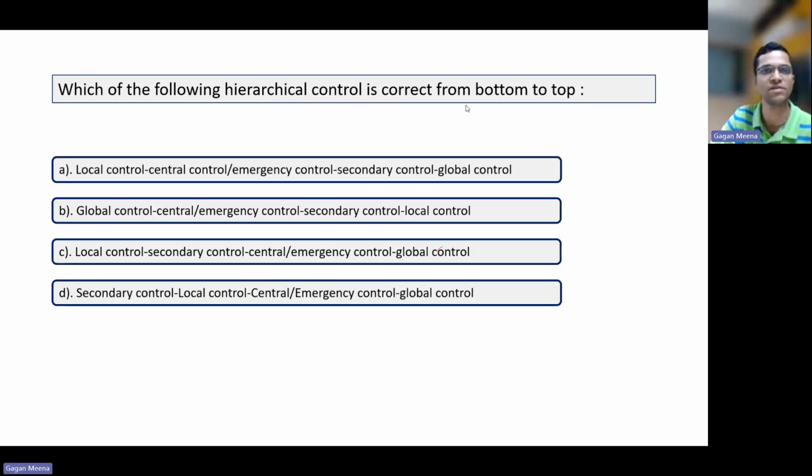Next question is, which of the following hierarchical control is correct from bottom to top? Now, we have discussed four types of control, right? Three are within the microgrid and one is outside the microgrid. The one outside the microgrid is global control.